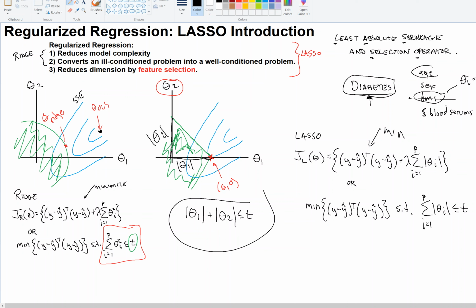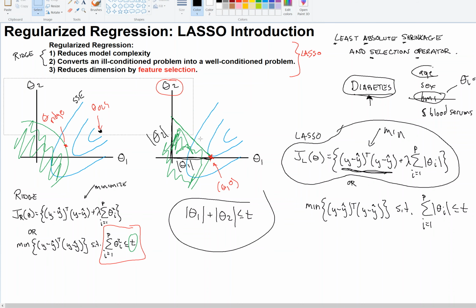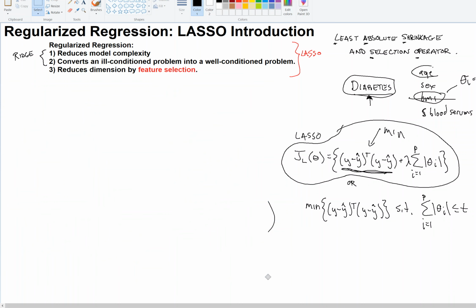All right, so now we're actually going to make a little bit more sense of this by drawing this objective function in 2 dimensions. So I wonder what that might look like. And we already said that the sum squared error portion of this is an ellipse. So what does adding this absolute value stuff look like? Let's investigate that a little bit. We have to understand what this graph looks like if we're going to be able to solve that minimization problem.